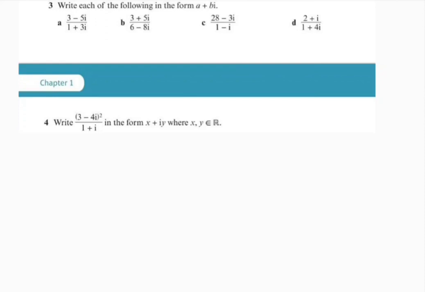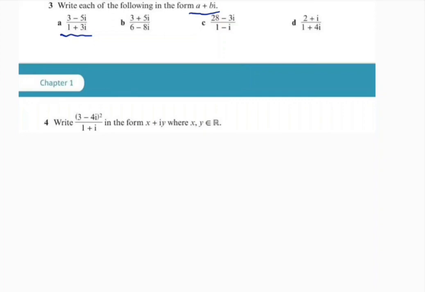Now, first we need to understand what it means to write each of these complex numbers in the form a plus bi. That simply means that you should do some operations such that you get rid of the imaginary part of the denominator. That's the goal.